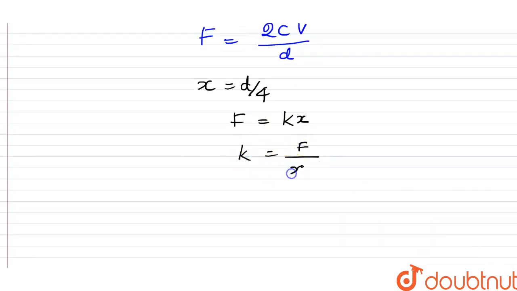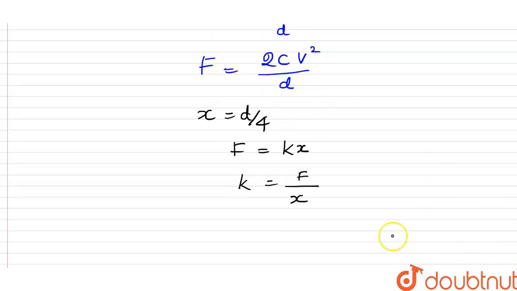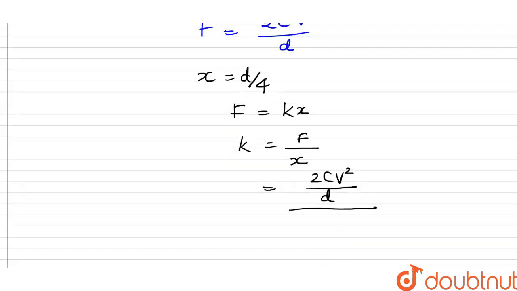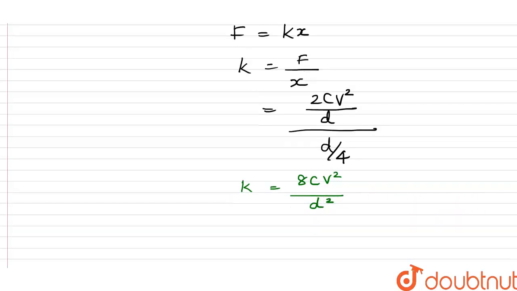So for F we substitute the formula we found, 2CV square divided by D, and whole divided by x, for which we substitute D by 4. In the next step it becomes k is equal to 8CV square divided by D square.